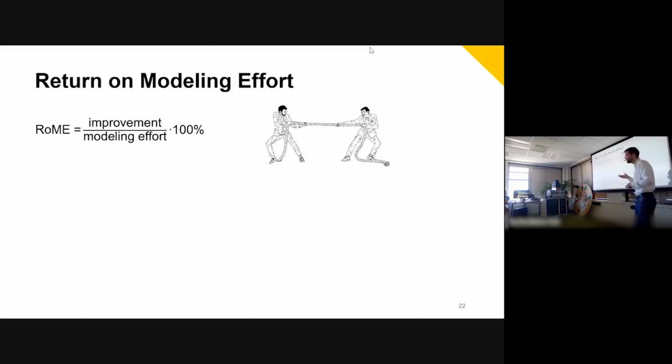And my suggestion is, this is the return on modeling effort. So with each choice, because there are numerous choices like these along the way, you can openly discuss what the expected improvement is. I will give a tool for that later on, and what your estimate is of the modeling effort. That needs to be based on experience, of course.